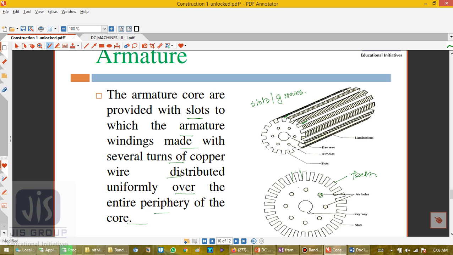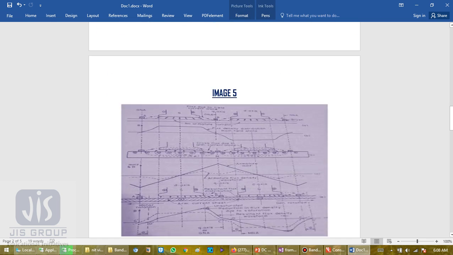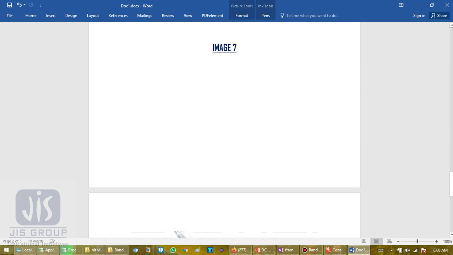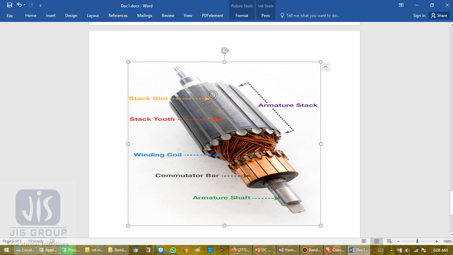Okay, so let me see if I have a better picture. This is the whole rotating part.